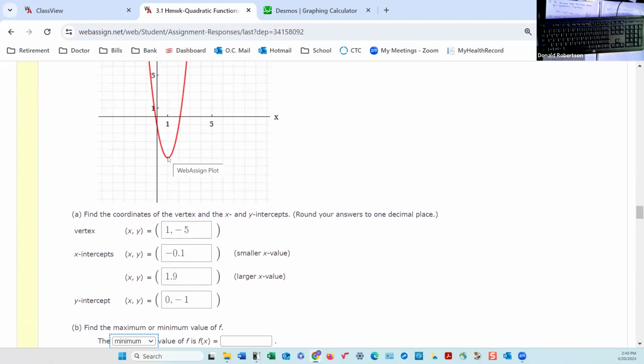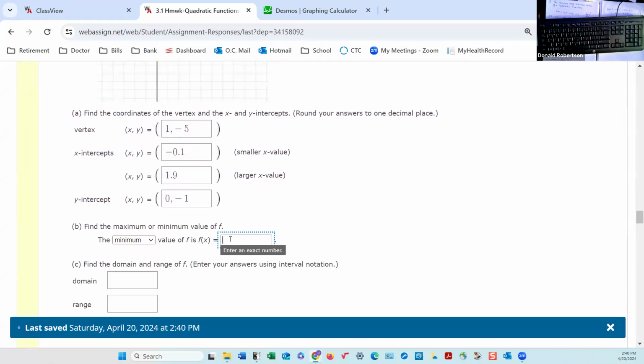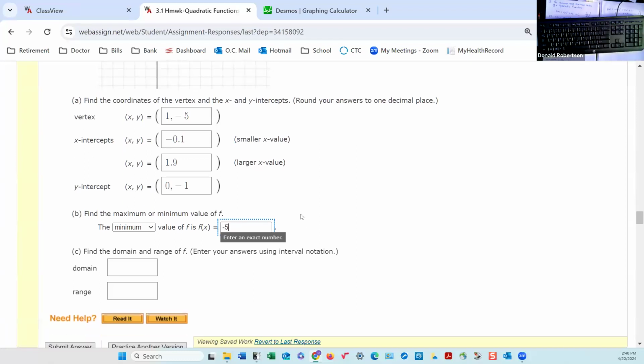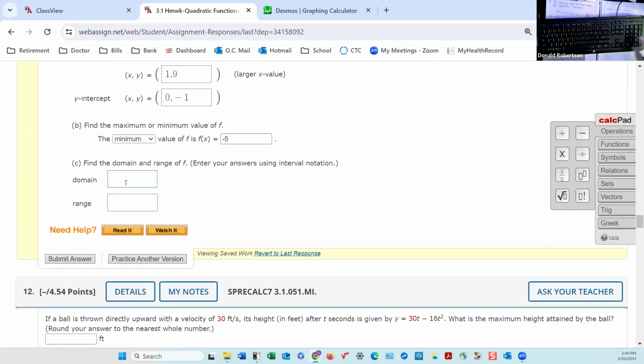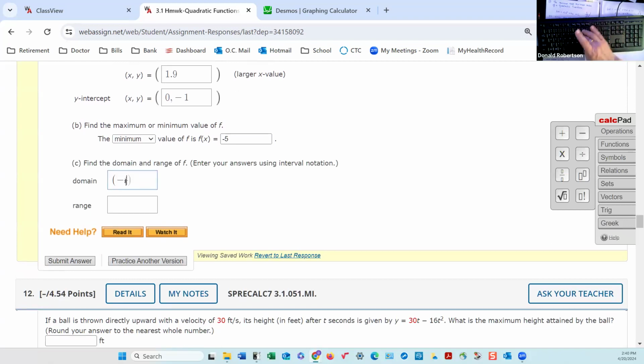And I think I can read that off as 1, 5, yeah, negative 5. The domain of this function is easy. It's negative infinity to plus infinity, because it's everybody.